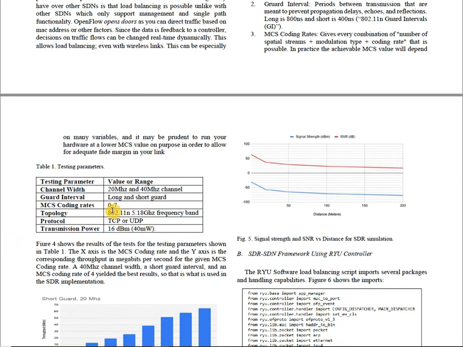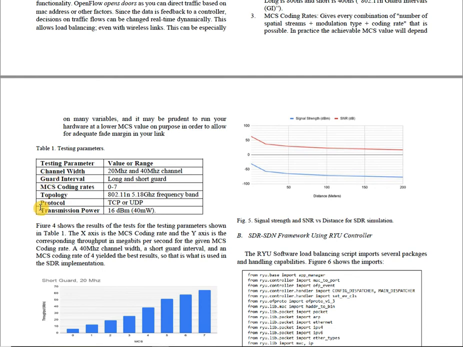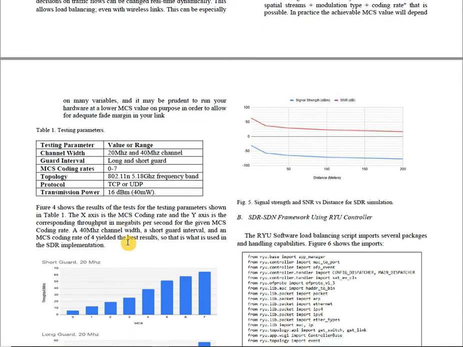And of course, we discuss the values and ranges that we have used for these key parameters for our testing. The protocols we test include TCP or UDP, and we decide on a transmission power of 40 milliwatt, which corresponds to 60 dBm.